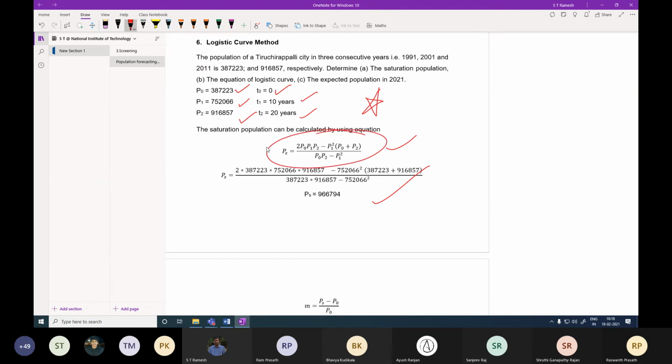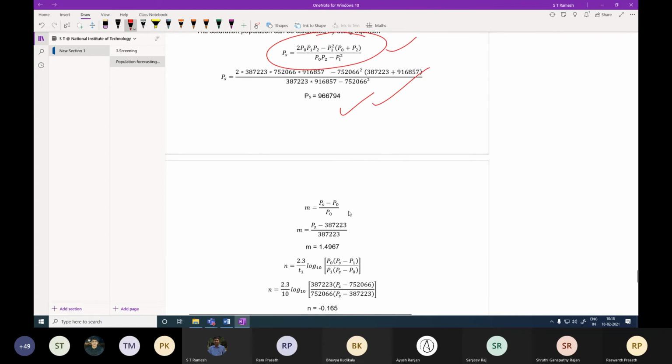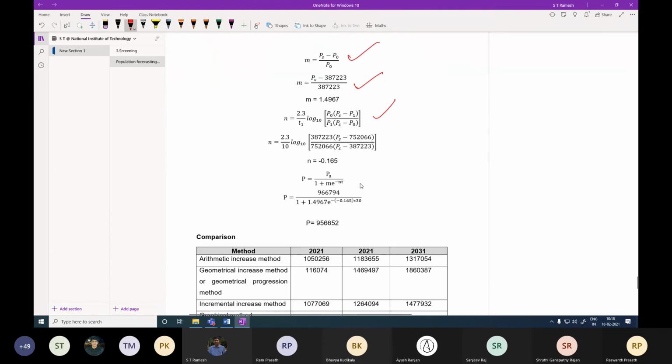You can use this formula to calculate the saturation population PS, that is Maclean's formula, and what is M and what is N. Substitute, and the last one is the logistic curve equation: P is equal to PS divided by 1 plus M into e power N into T. And if you have the population for 3 decades, then you just find out what will be the population.